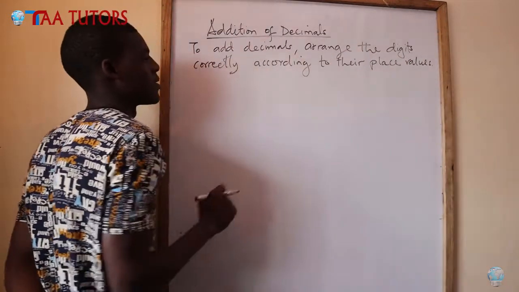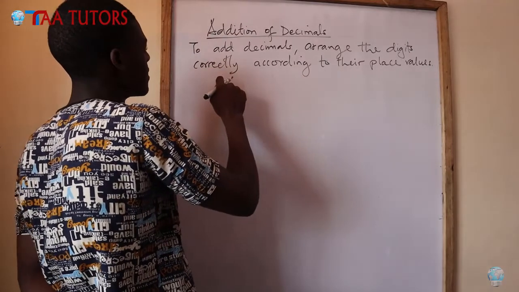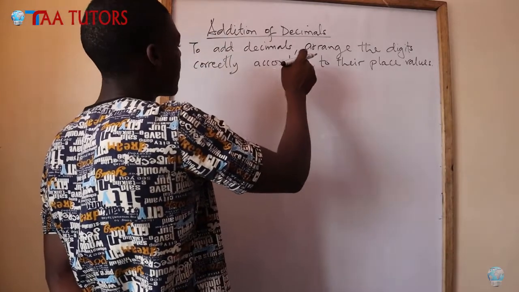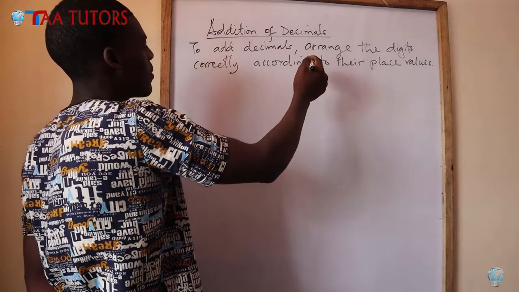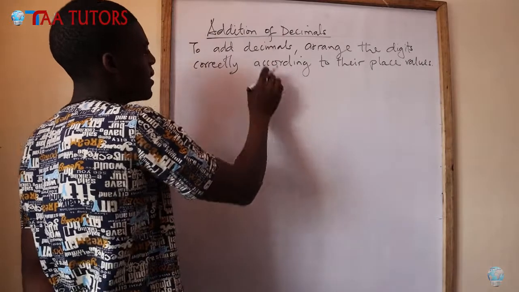We've done place values of decimals and you understand that. So just by arranging the numbers, the digits in a number, according to their decimal places correctly, you will be able to add the decimals.